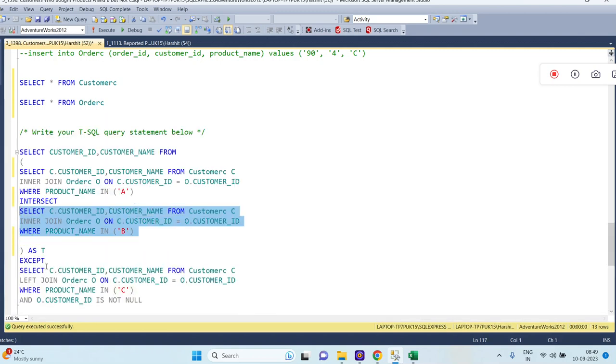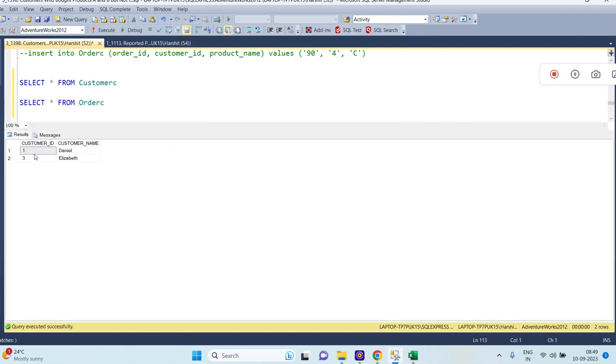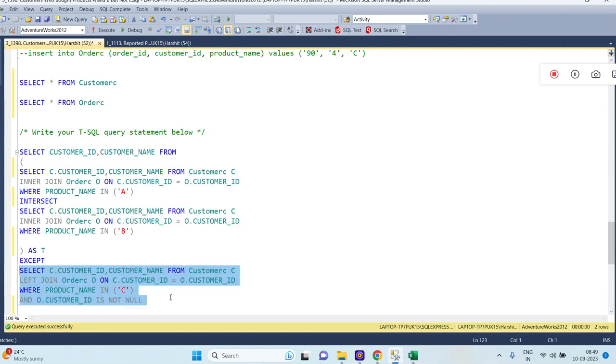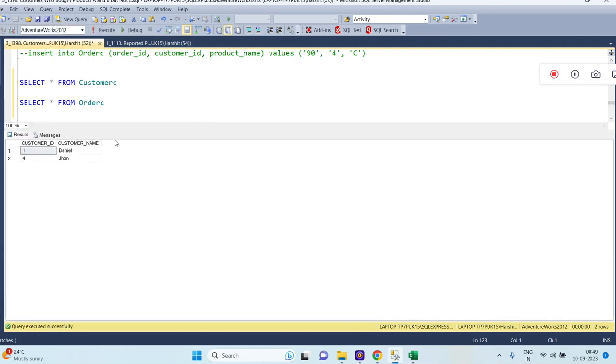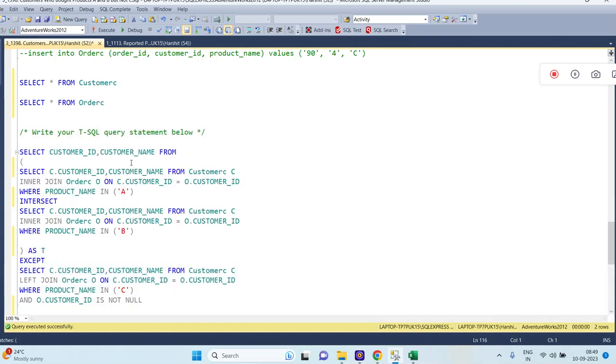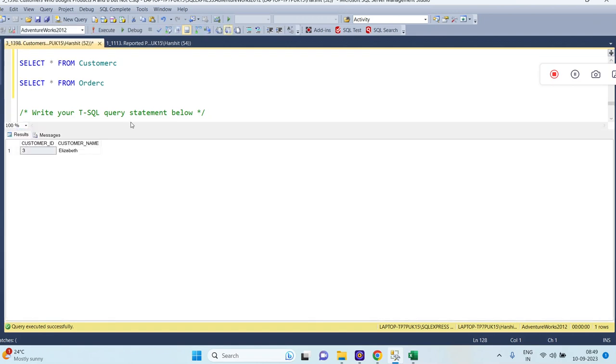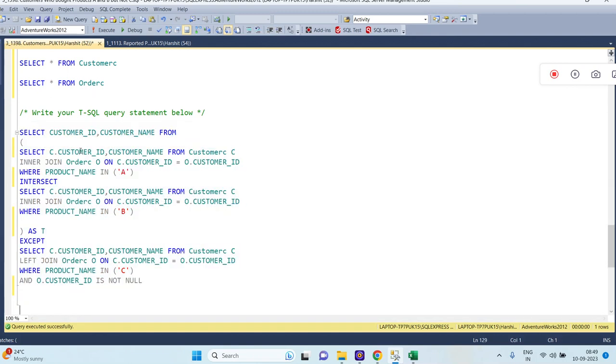This result set gives 1 and 3, and this one gives 1 and 4. So 3 will be our output, because 1 is common in both tables. Let me execute this. So 3, Elizabeth, has purchased only products A and B but not C. That will be our output.